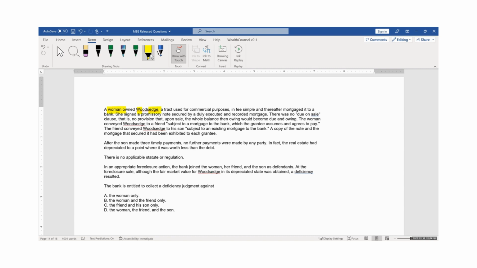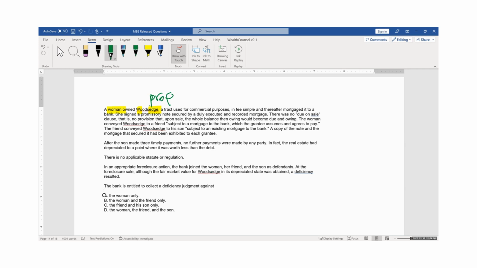And in this case, where it says Woodsage, a tract of land, you should gather that this is a property question because of it naming a tract of land. So you will want to make a note of that, and if they switch it up, you can always change it, but at this point it looks pretty much like a property question.